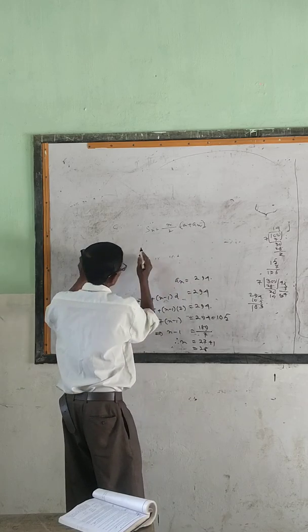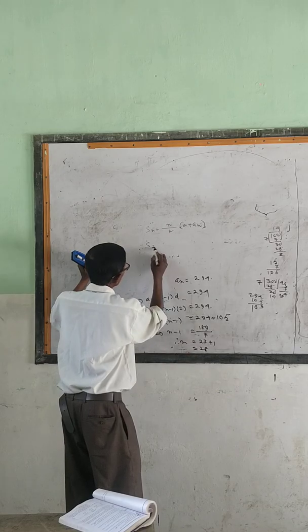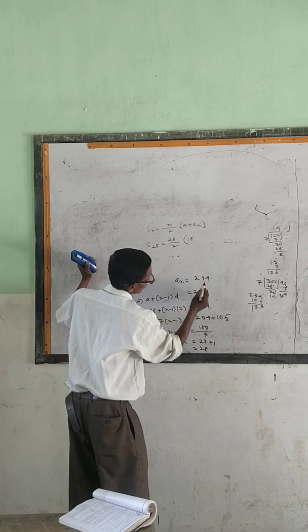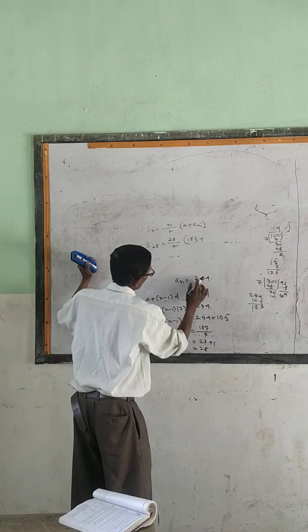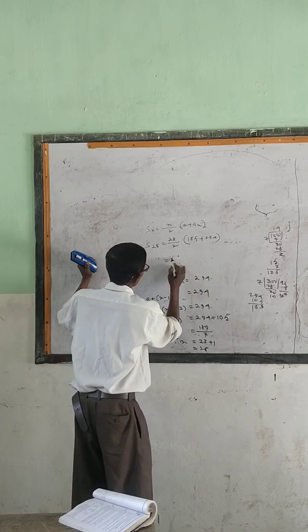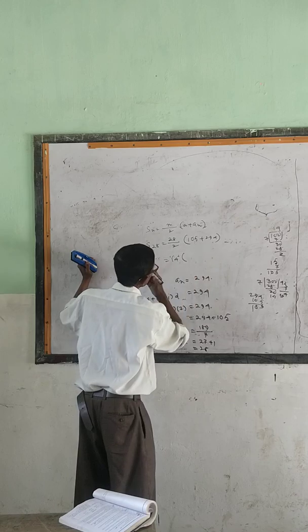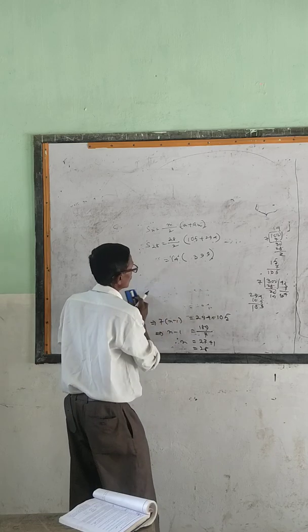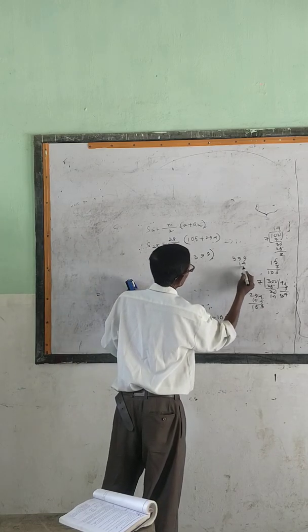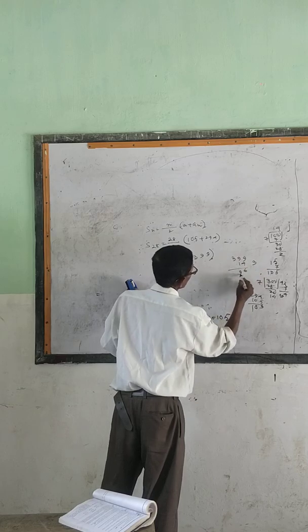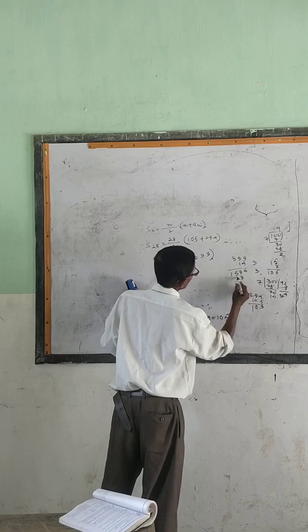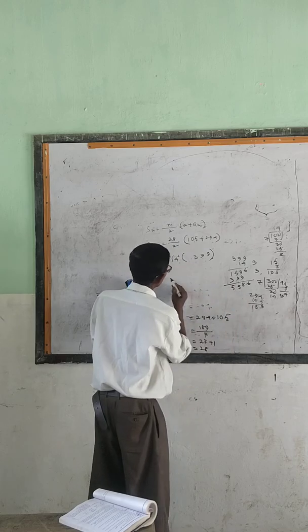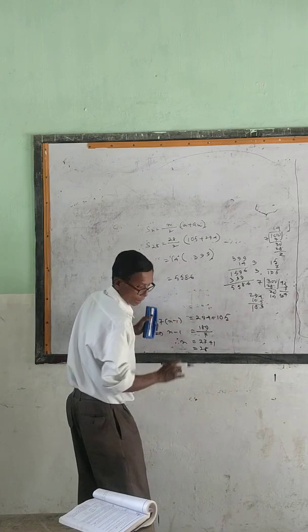So S of 28 is 28 by 2, a is 105, an is 294. 14 times 399 gives 5586.